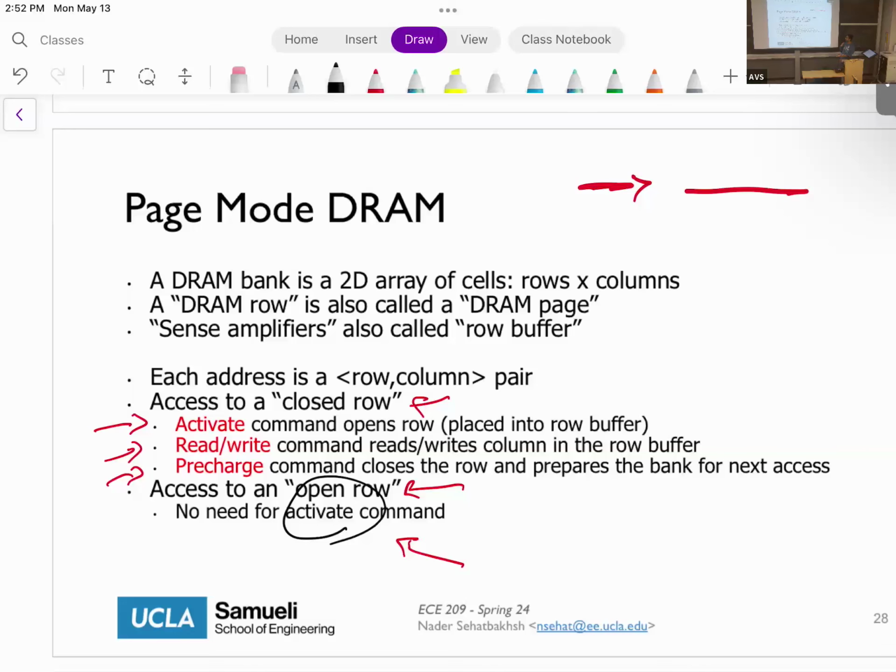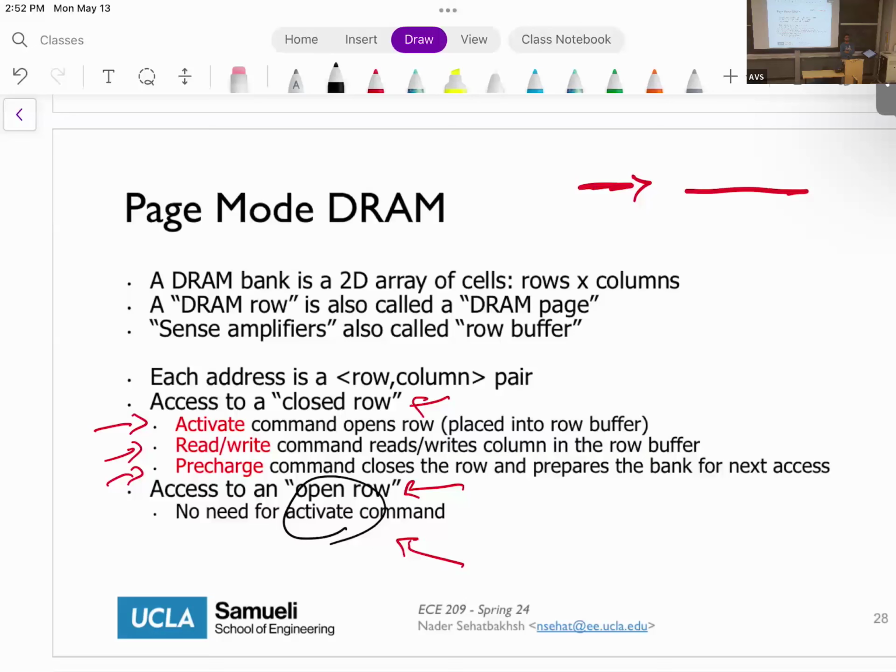So the difference between closed row and open row is that you don't close the row buffer if the next address comes. But what do you think is the disadvantage of this approach? Anybody want to answer? What's the disadvantage of the open row approach? This, you have to pre-charge and reactivate, which is longer. Yes.